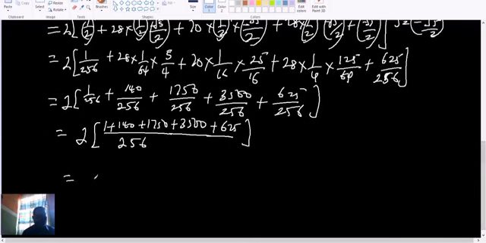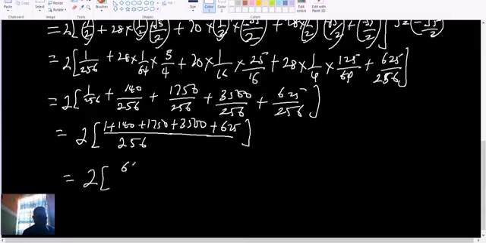So here you will have 2 into bracket, so you add this together, which is 141 plus 1750 plus 3500 plus 625.